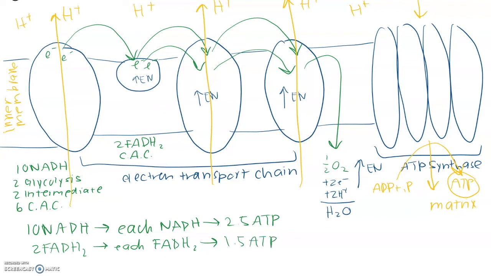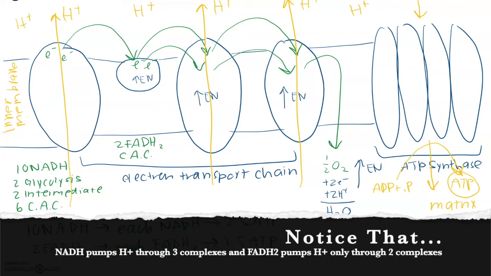Now, why does FADH2 make less? Look at where they drop off their electrons. NADH drops off at the first protein, and so those electrons travel and fall down and are able to release energy a little bit slower. But the FADH2 electron carriers drop it off at the second protein, and so they don't travel through as many proteins. Their fall is not broken by as many proteins, and so they can't release as much energy or pump across as many hydrogen ions.